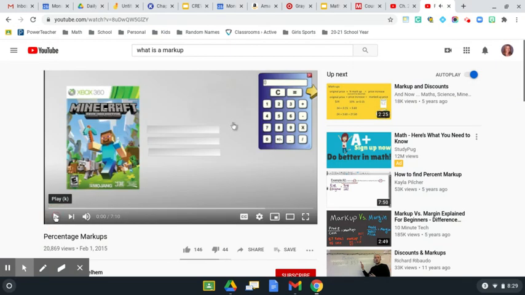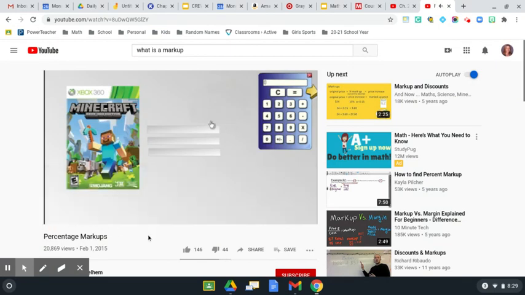Let's spend a minute and talk about how businesses work. The idea of a business like Best Buy is to make money, and they do that by selling you stuff. Now, the stuff in their store, they would have bought from a company, and then they would have sold it to you. So here's an example of something you find in Best Buy, the game Minecraft.